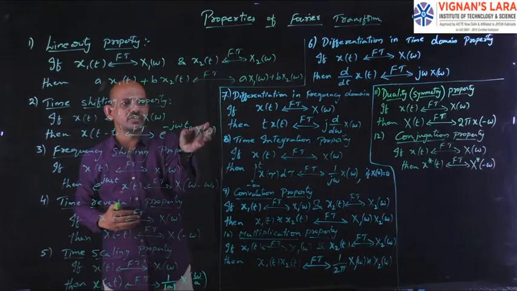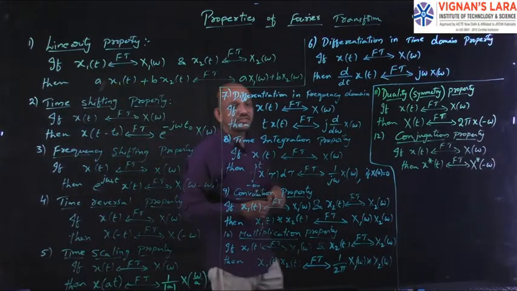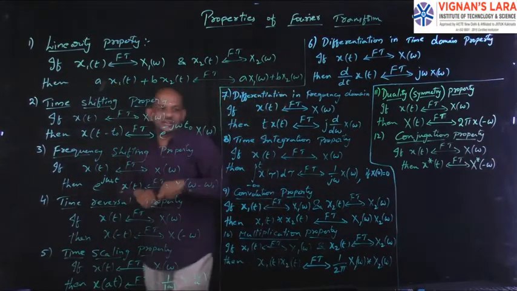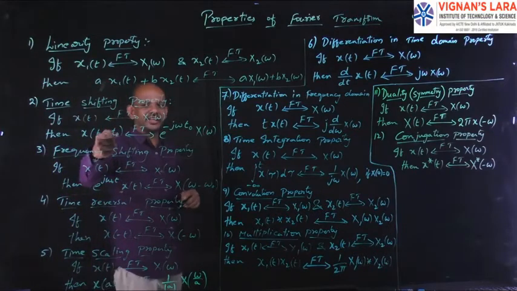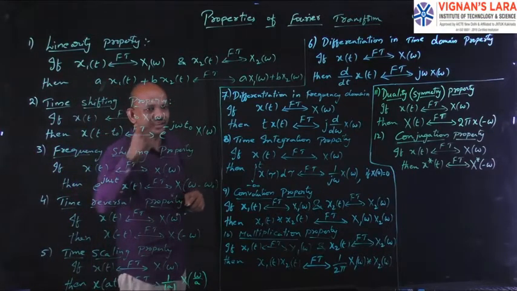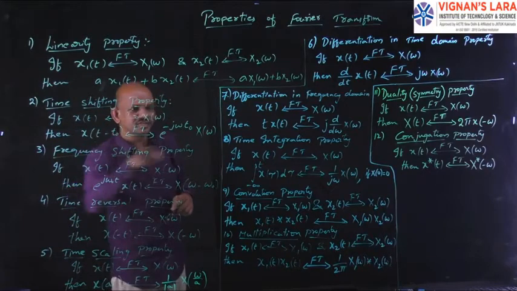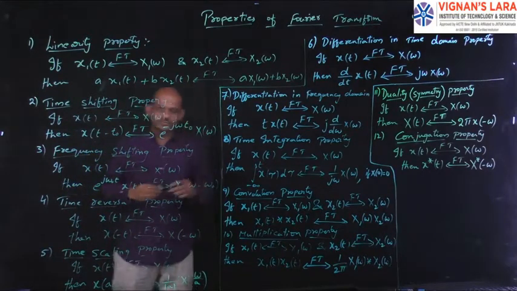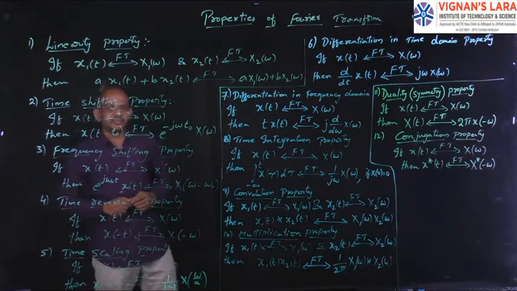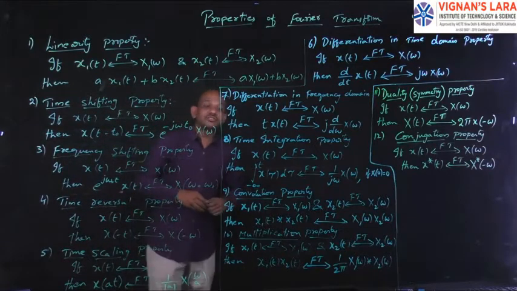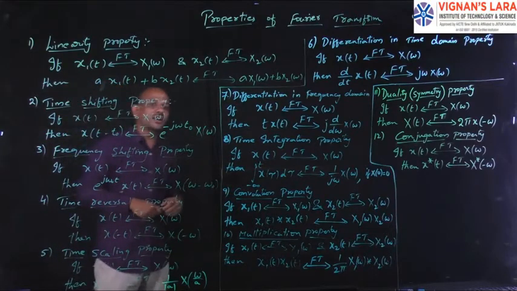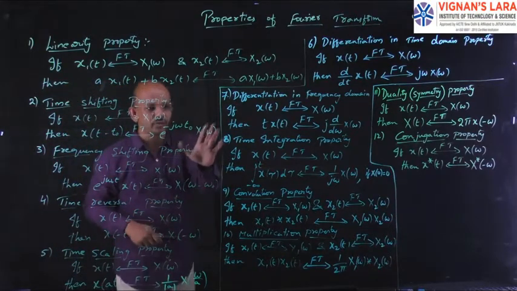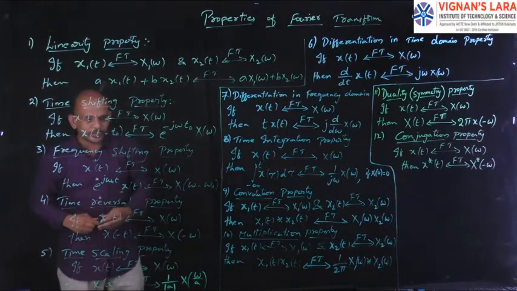Whatever the shift is here, t naught, that will resemble there. If we take this as m, here we will get m. Whatever the change is here, the change will occur here. So the time shifting property states that if x of t has a Fourier transform x of omega, then x of t minus t naught will have a Fourier transform e power minus j omega t naught into x of omega.